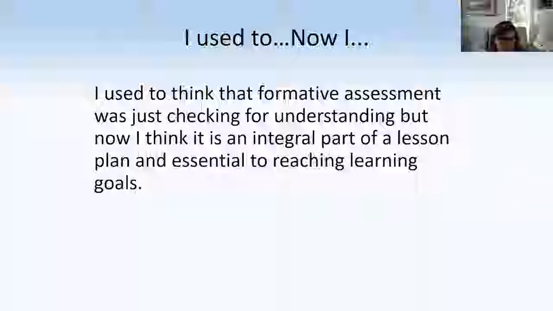So I really think this particular teacher captures the purpose of formative assessment. It's not just checking for understanding, did kids understand or didn't they understand, but more to the point, what part of the goal do they understand? What part of the concept or the practice I'm trying to help them learn are they understanding at this point, and what do I need to do to keep that learning advancing? So I think this teacher captured that really nicely.